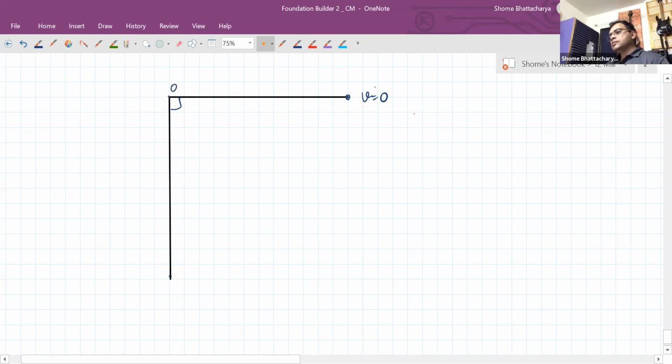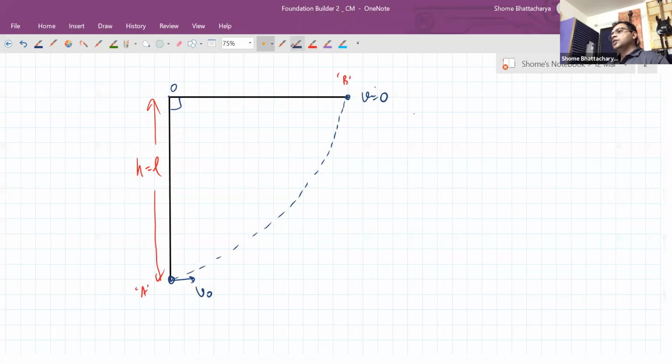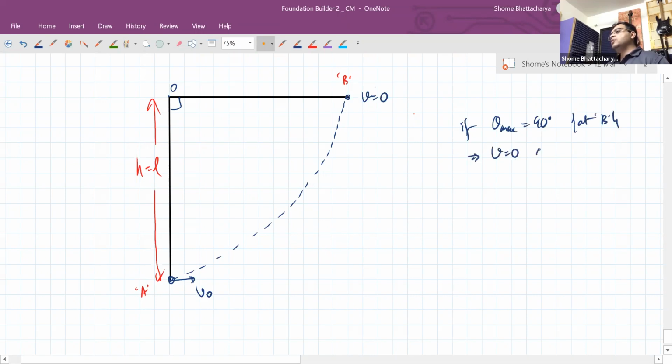So the velocity I give should be enough that the kinetic energy is enough to make it climb through a height equal to the length of the thread. If the maximum angular displacement is 90 degrees, that is at B, then V should be equal to 0 at that point B.